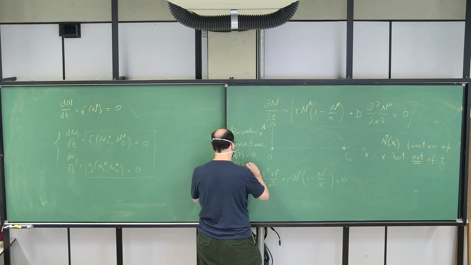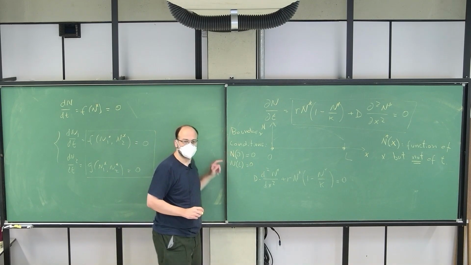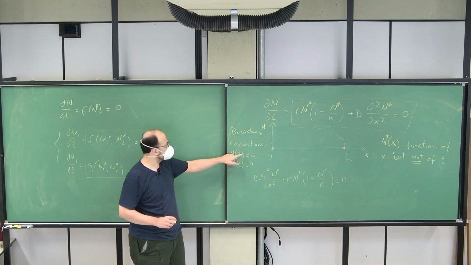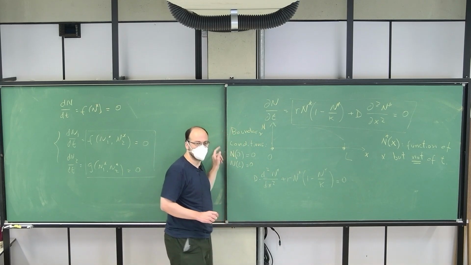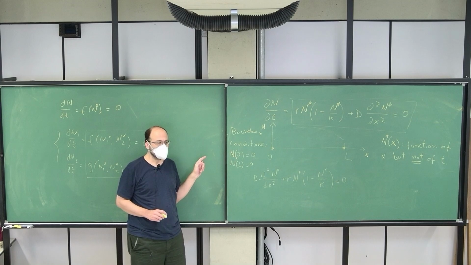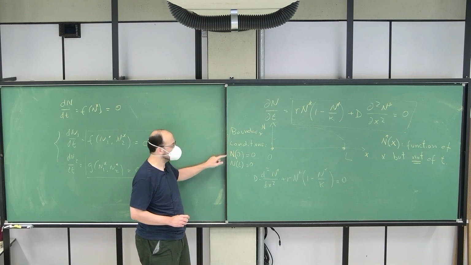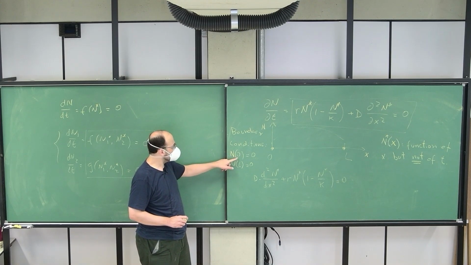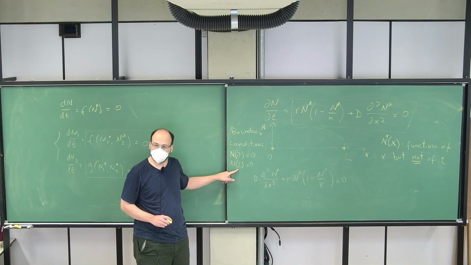So this gives me two conditions that n star also has to satisfy, because this is valid for all time. But these two conditions don't show up at the same value of x. I have a condition for n at 0 and a condition for n at x equal to L.